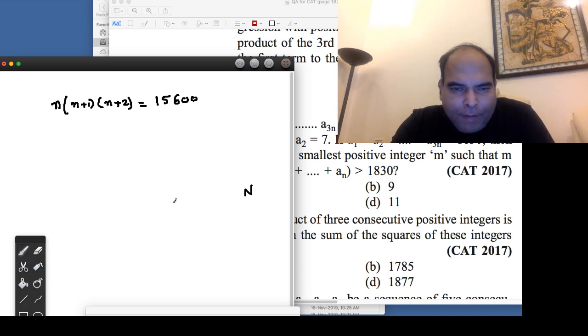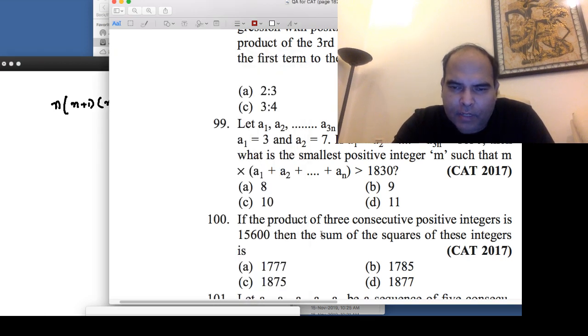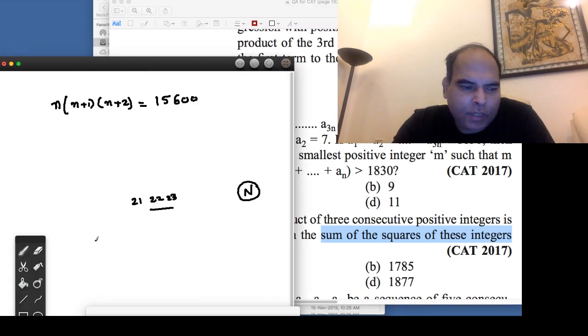If I went ahead with trial and error of 21, 22, 23, 22, 23, 24, etc., I would ultimately get the value of n, and then accordingly find the second part, which is asking me the sum of the squares of these integers. I would be able to do that, right? So that is just a numerical solution.